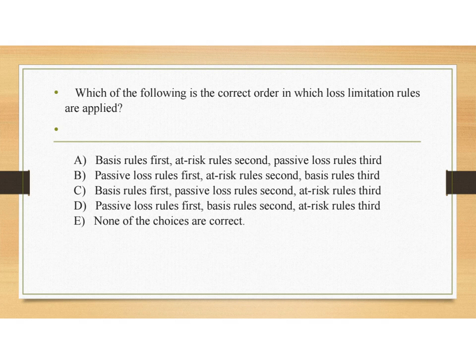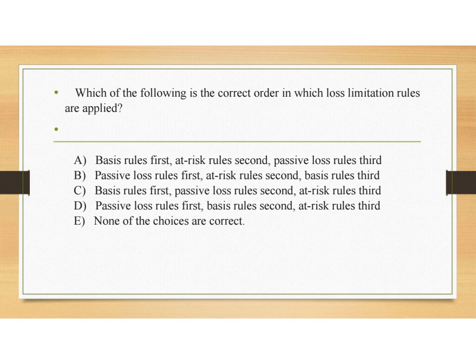Okay, so this question is asking us about the loss limitation rules, okay? S corporations have loss limitation rules similar to partnerships. For an S corporation shareholder to deduct the loss, it has to meet 3 different tests, essentially, and they're applied in a particular order, okay?